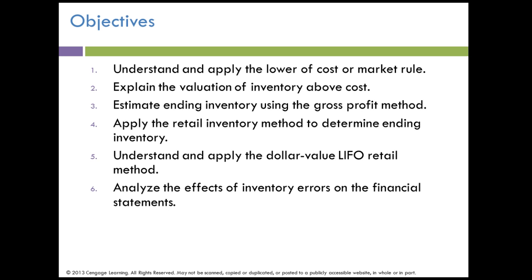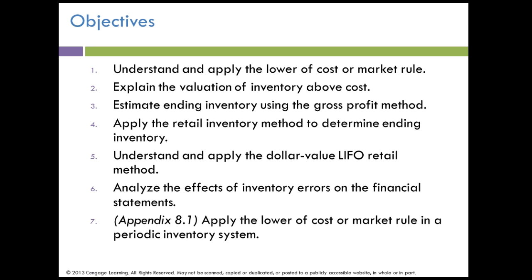So we're going to talk about various items such as how we have to value the inventory at either the lower of what the cost is or the value, just when we get some obsolescent items. Then we're going to talk about the gross profit method also.